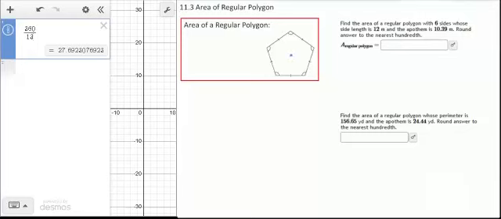They're both based on the fact that if you took one reference triangle, so if we took this reference triangle with a length of S, this altitude or apothem measure A, and n being the number of sides, what you can do is find the area of a regular polygon.